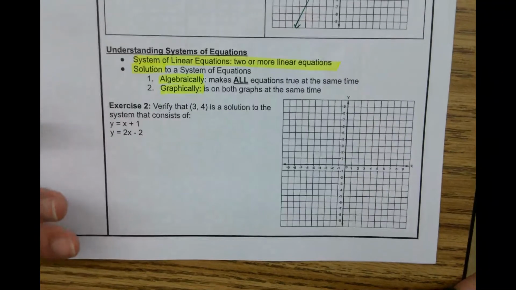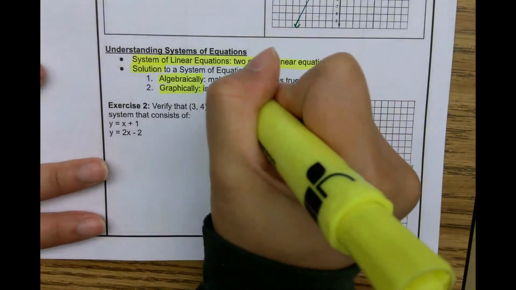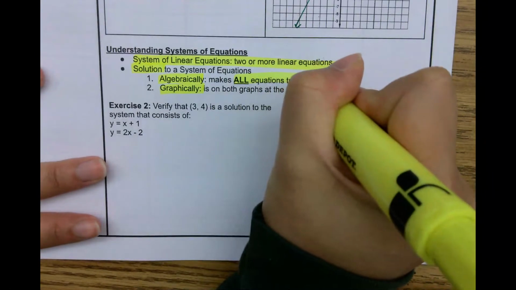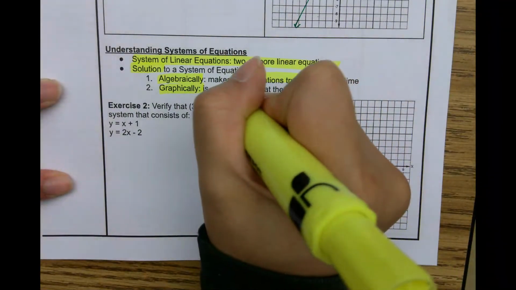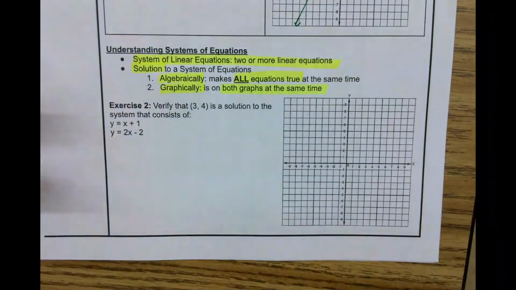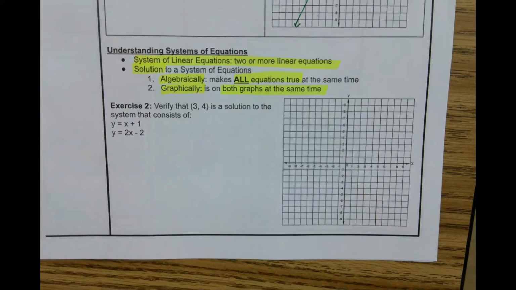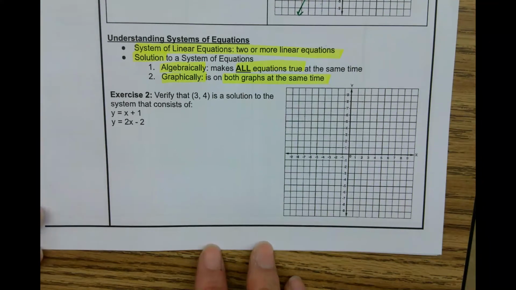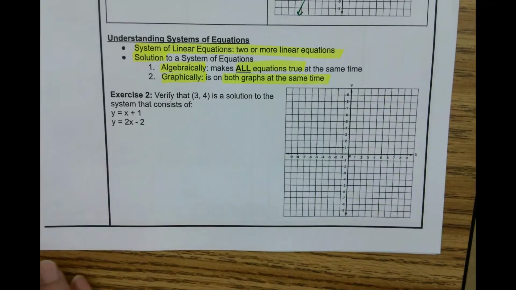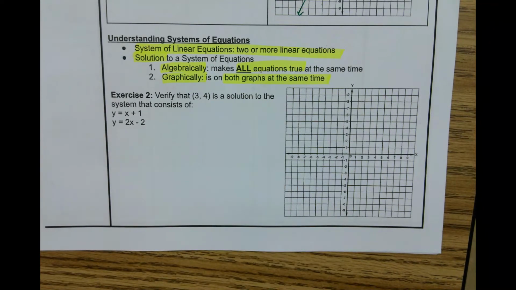Algebraically, it makes all of the equations in my system true. And graphically, it is on both graphs at the same time. So we're going to use this here, y equals x plus 1 and y equals 2x minus 2. We're going to verify that (3, 4) is a solution to the system.